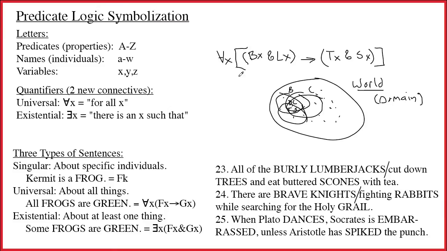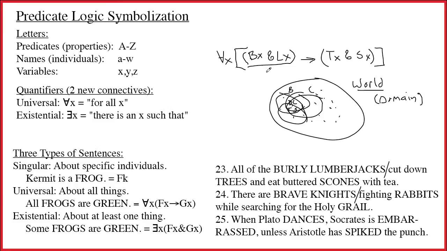One interesting point here. When you say that all of the Burley lumberjacks cut down trees, etc., are you implying the existence of Burley lumberjacks? Oftentimes in English one might think so, but according to logic, this sentence doesn't necessarily require that Burley lumberjacks exist. It says if Burley lumberjacks exist, then here's a couple properties that they have.